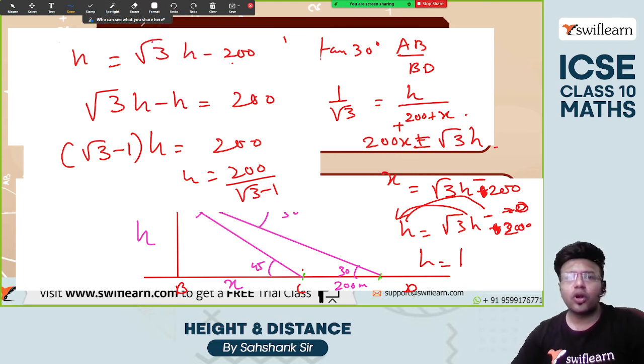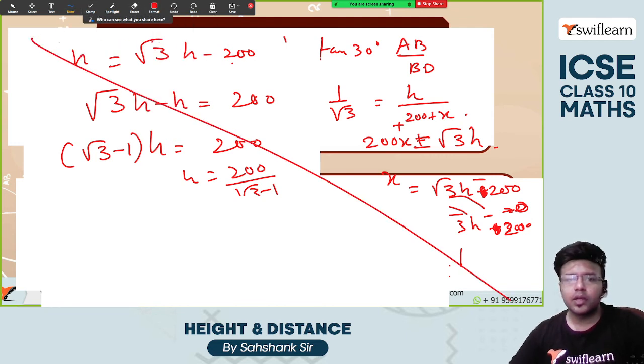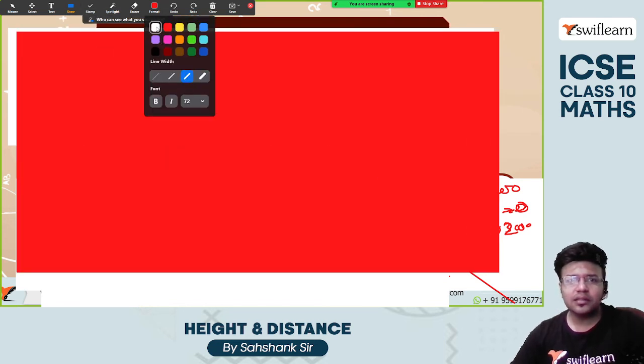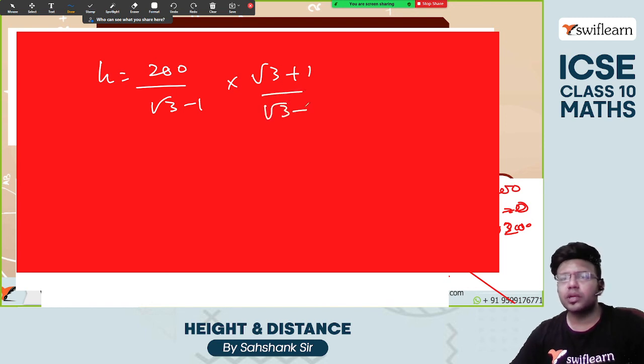If you want, you can rationalize this, simplify this. You can leave 200 by square root 3 minus 1 as it is, or you can rationalize it like this. h is equal to 200 by square root 3 minus 1, multiplied by square root 3 plus 1 by square root 3 plus 1.